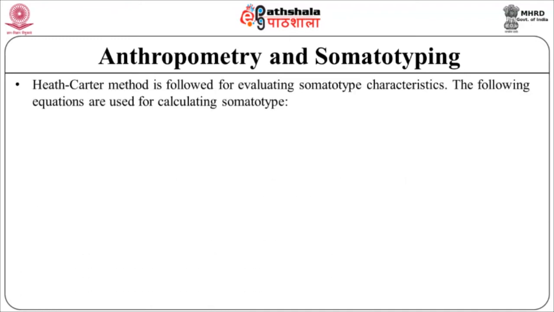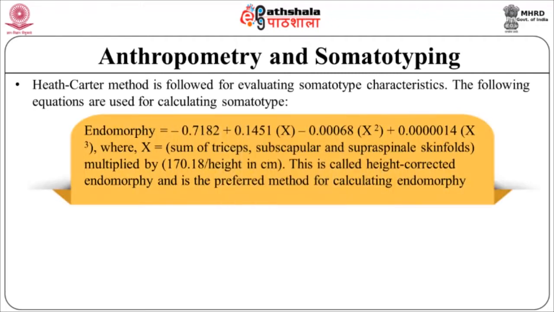In this module, the Heath and Carter method is followed for evaluating somatotype characteristics. The following equations are used for calculating somatotype: endomorphy, where we use the sum of triceps, subscapular and supraspinal skin folds, and height. This is called height corrected endomorphy and is the preferred method for calculating endomorphy.